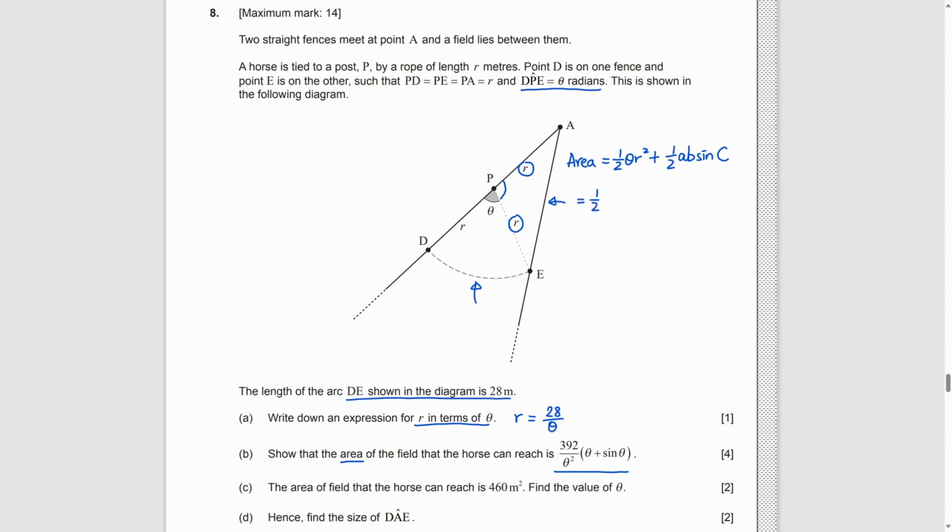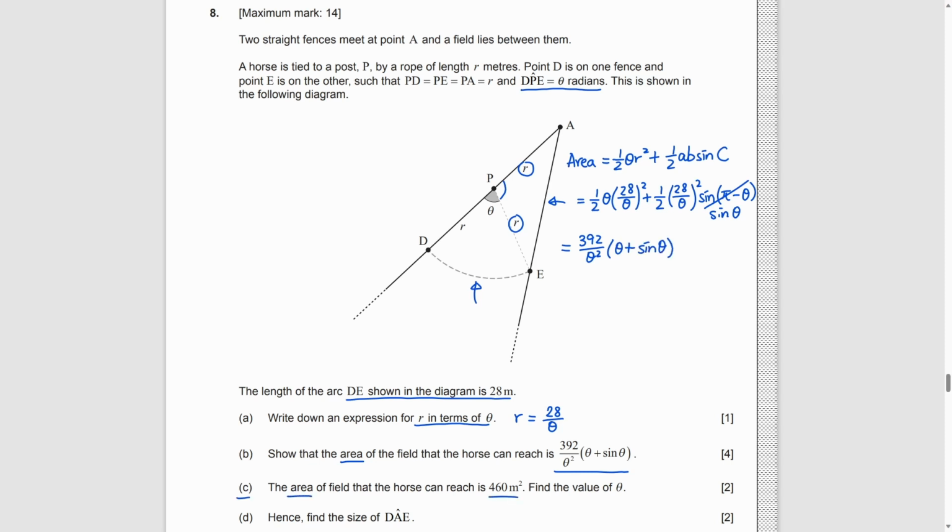By part A, we can substitute 28 over theta for r, and the angle between these two sides is just pi minus theta. Also, we need to remember that sine of pi minus theta is just sine theta. So, simplifying things, we get the expression.